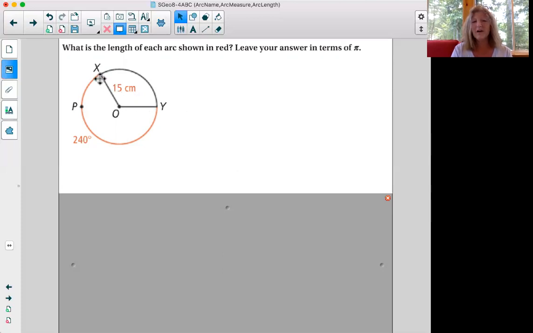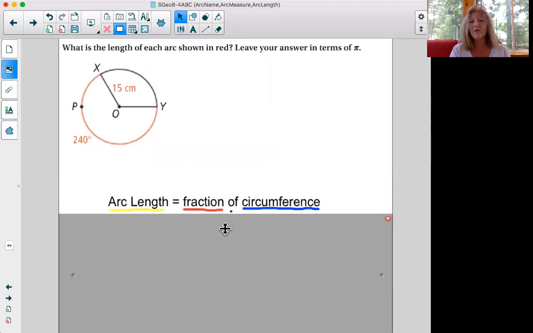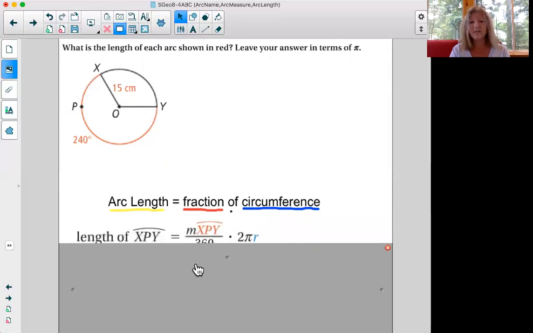Notice this time the arc length that we're looking for is in red. We're given the radius of 15. We're given that the measurement of the red arc is 240. And so in order to find the arc length, it's going to be a fraction of the circumference. And what is the fraction? The fraction is 240 over 360.